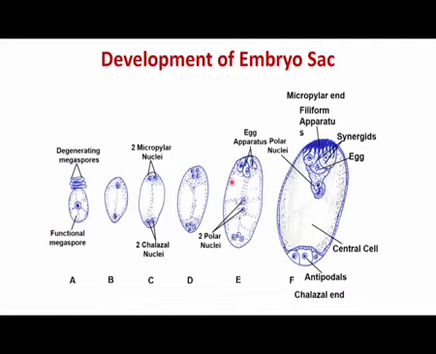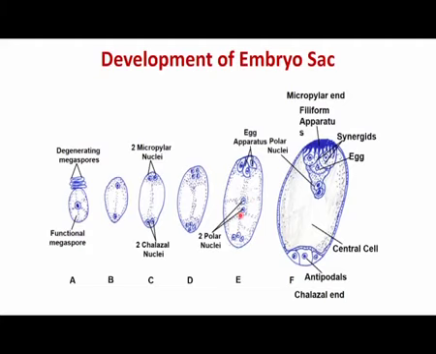Similarly, at the chalazal end, 3 of the 4 nuclei differentiate as the antipodal cells. The 2 remaining nuclei, one at the micropylar end and one at the chalazal end, are termed the polar nuclei, and they come into the center.